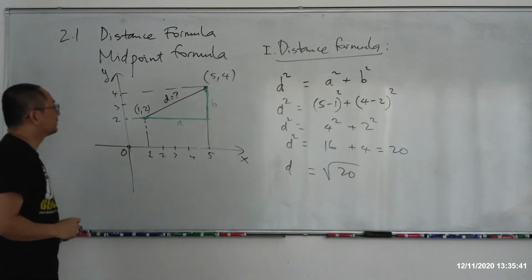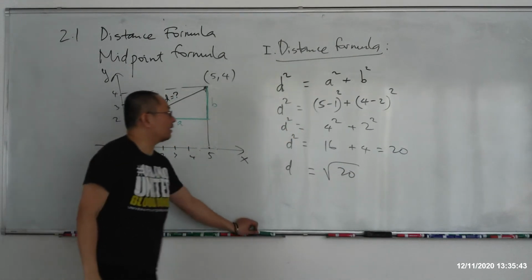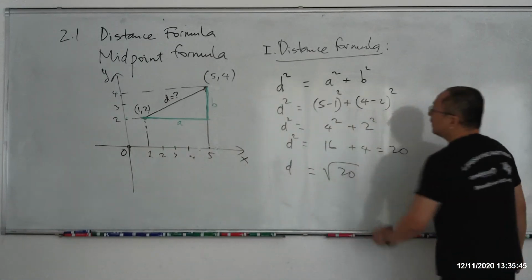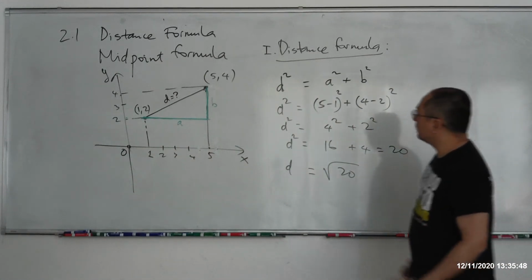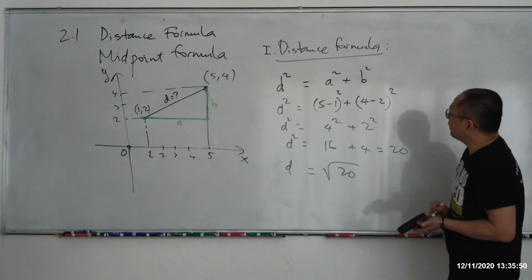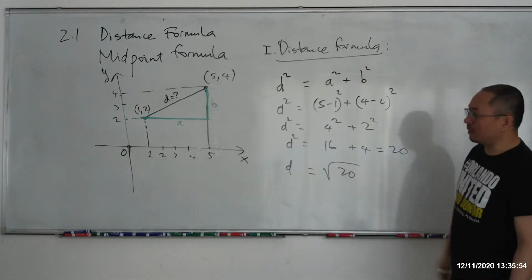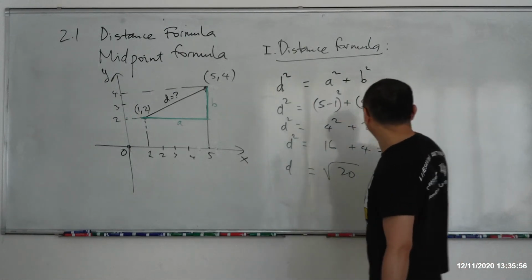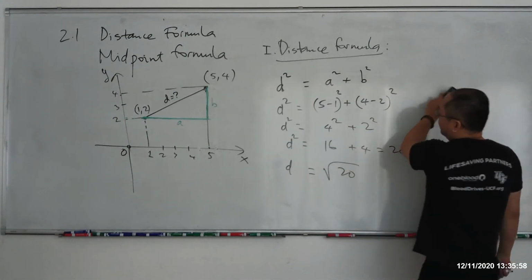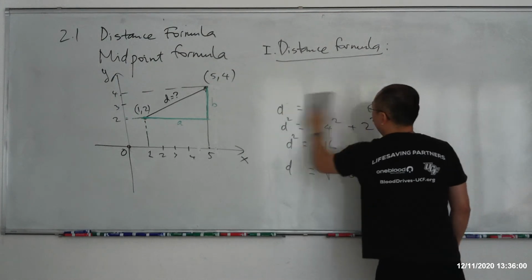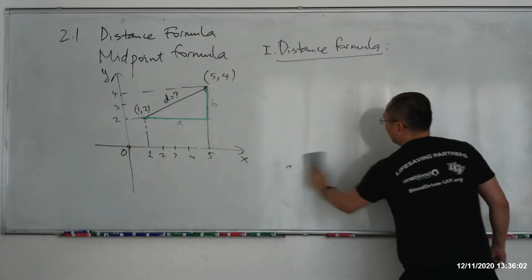Okay? And that actually gives you the hint to find out the formula. The formula is similar to what you have right here. So let me write down the formula. I want to save this to the right, but I'm running out of space. So let me erase it. Okay, you got this right. So let me write down the distance formula in general.